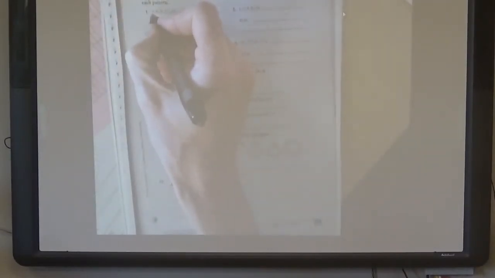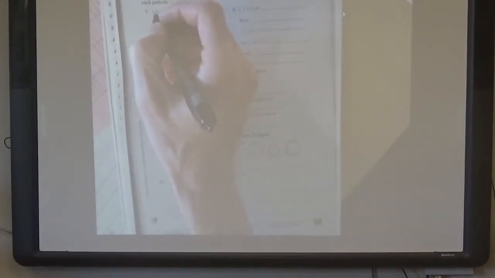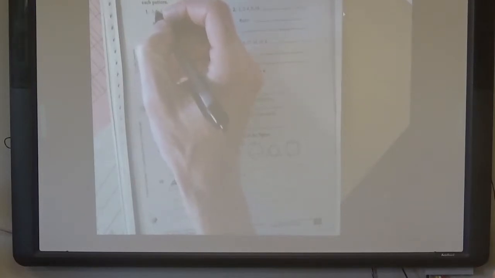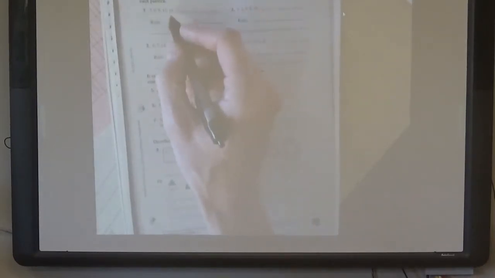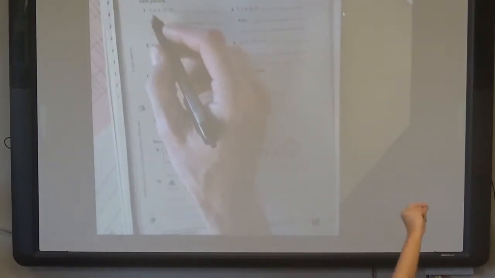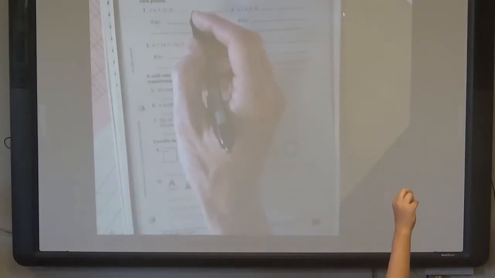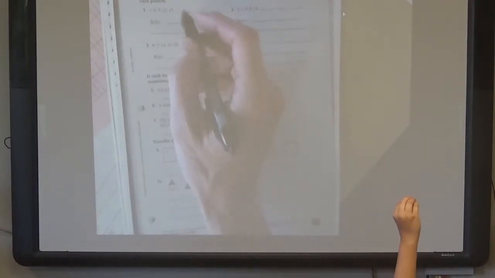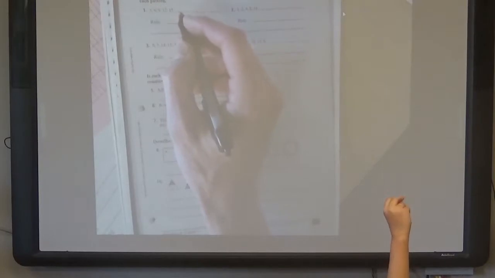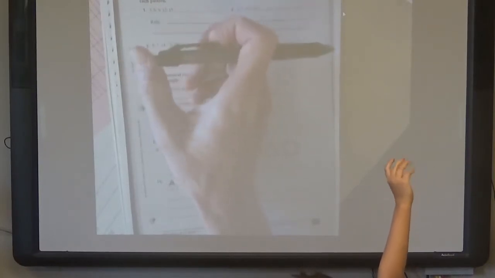So you could use the rule of either add 3 to the previous one. In other words, start at 3 and add 3. Or you could say, what? How could you use multiplication in your rule? Andreas?